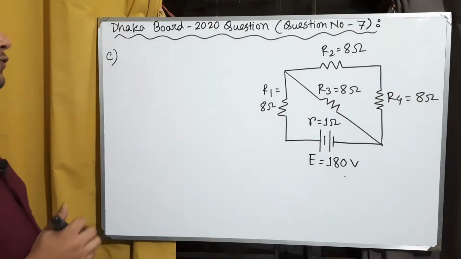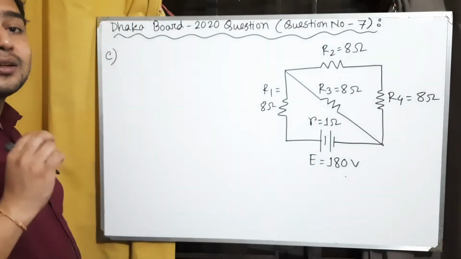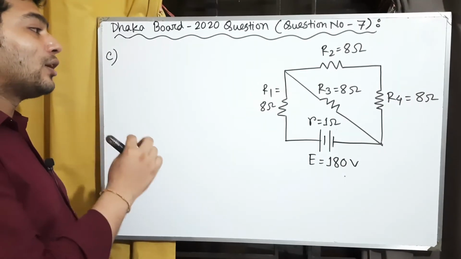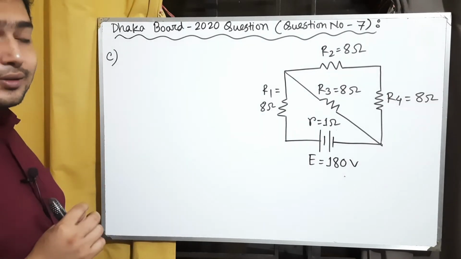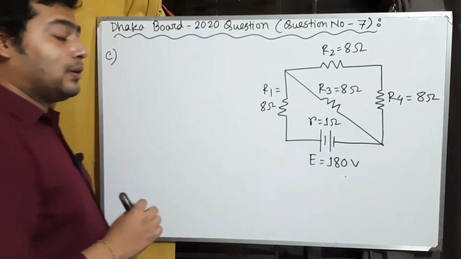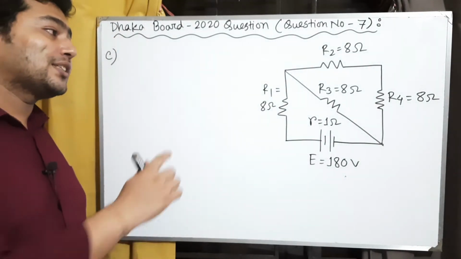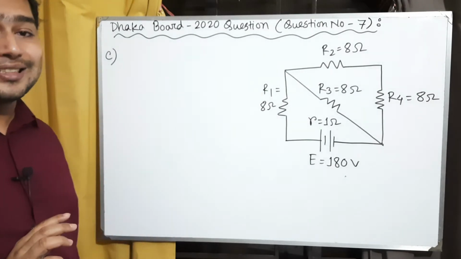Firstly we need to determine the current of this circuit, and for this we need to determine the equivalent resistance of the given resistances.